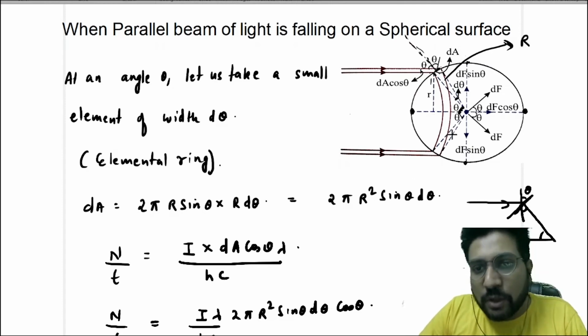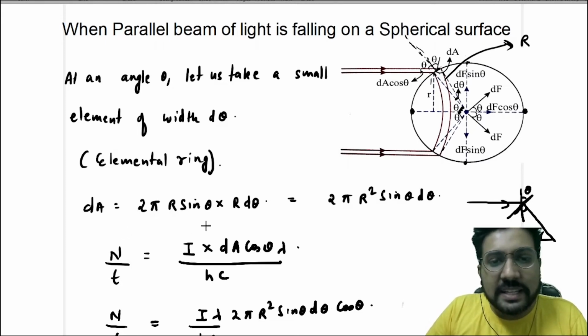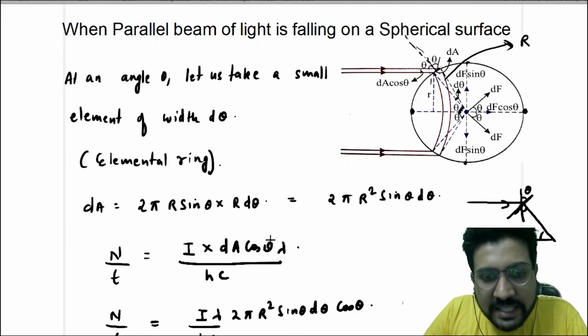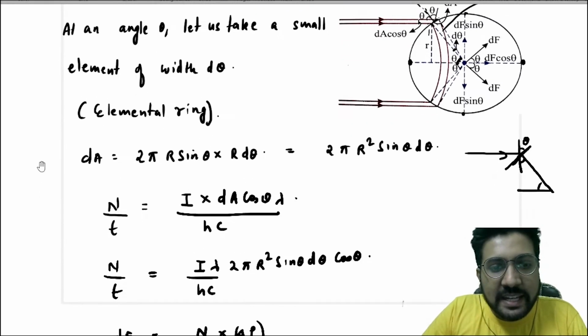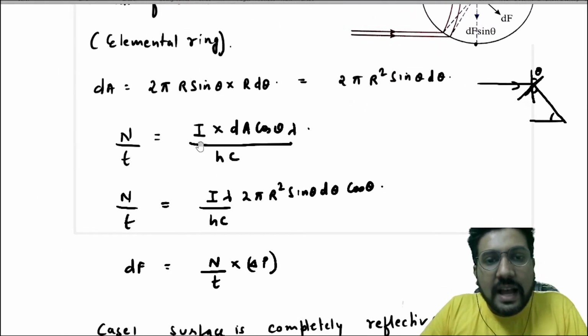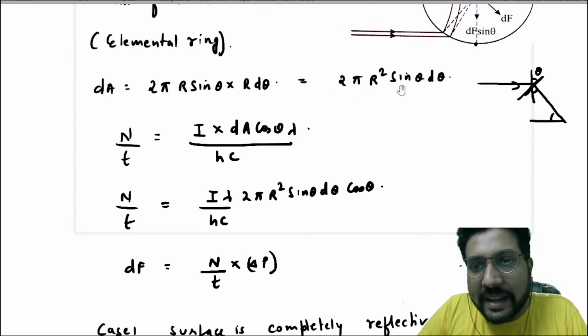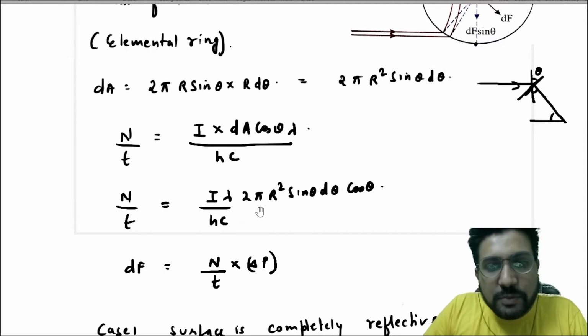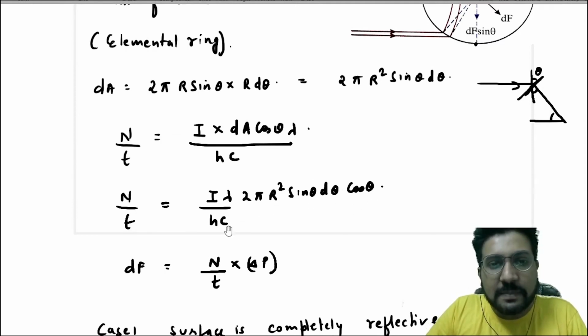So for the whole ring you will take dA cos theta. So I will write n by t is equal to I dA cos theta, the area, divided by E. E is hc by lambda. So from this you will get n by t is equal to I dA, dA is this 2 pi R square sine theta d theta, 2 pi R square sine theta d theta cos theta divided by hc.